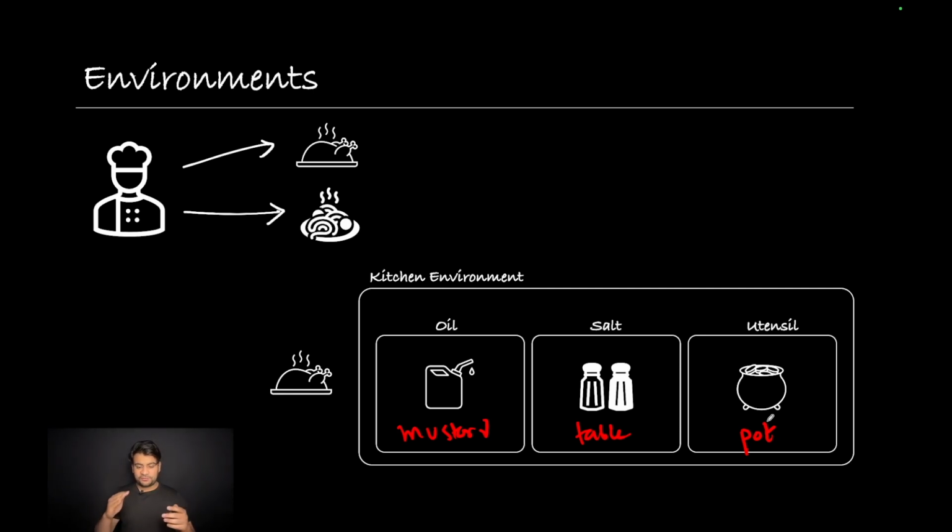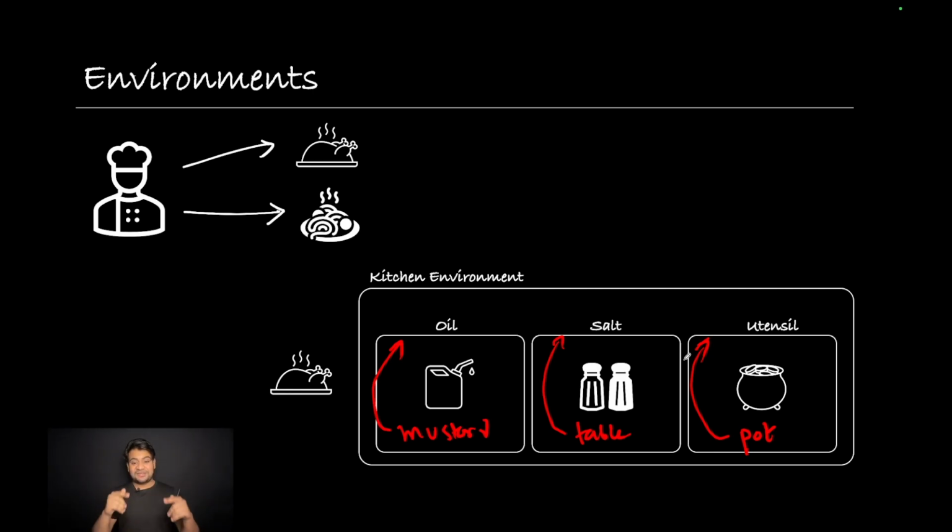So if you understand it like this, I need the mustard oil version of oil, the table salt version of salt, and the pot version of utensil. This is the specific version of oil, salt and utensil I need in order to make butter chicken.